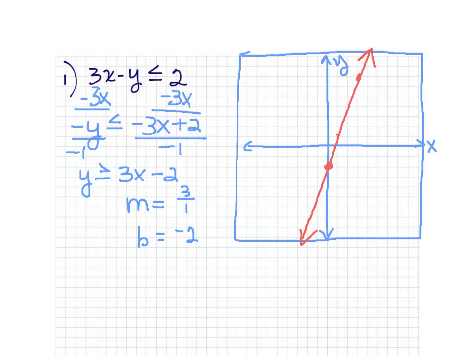Because the inequality reads y is greater, I go to my y-intercept and I'm going to highlight where y is greater than the y-intercept. And so everything on this side of my boundary is going to be shaded. All of this, every single point on this half plane are my solutions. And so I shade them in.